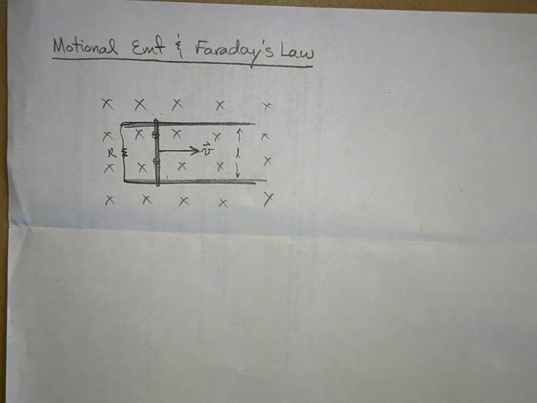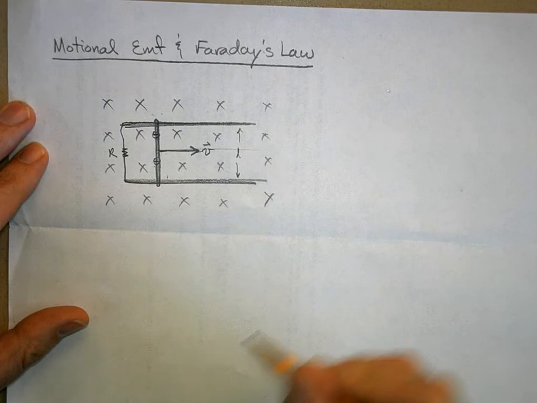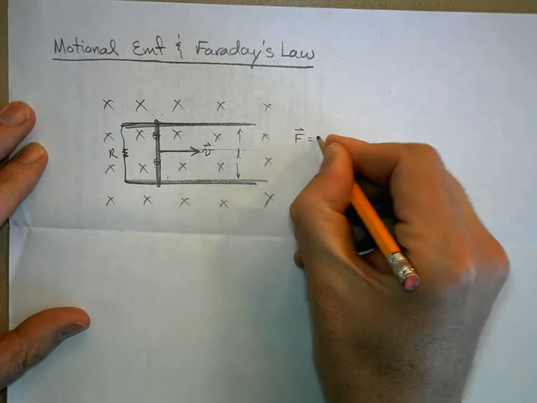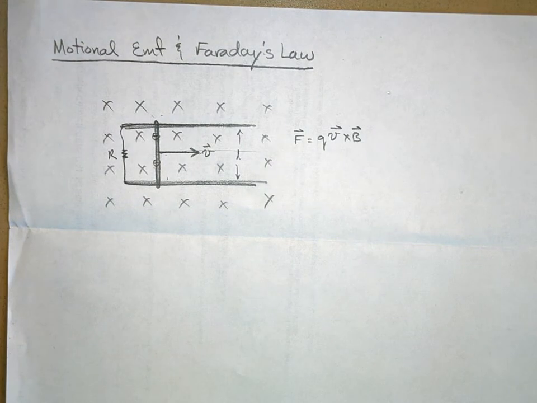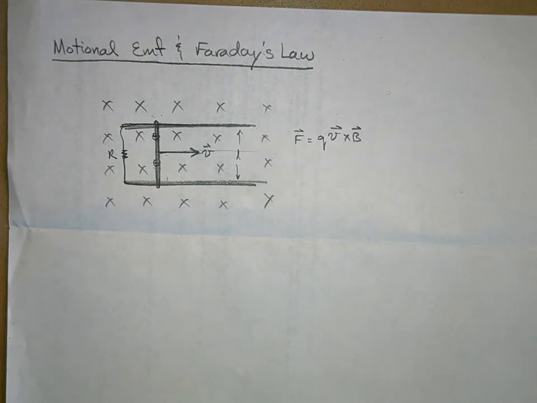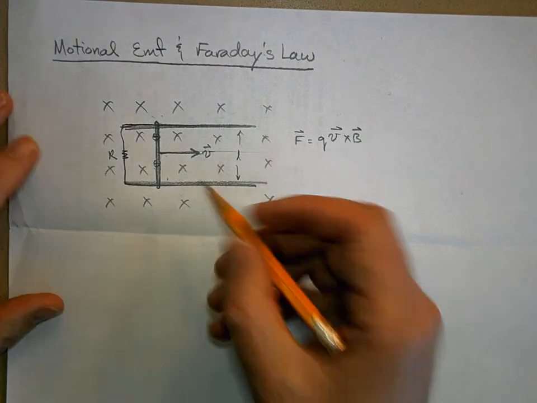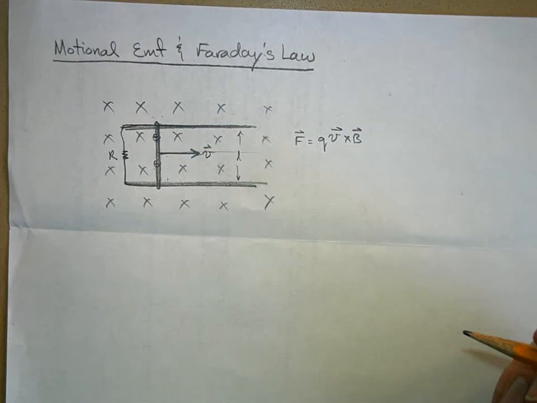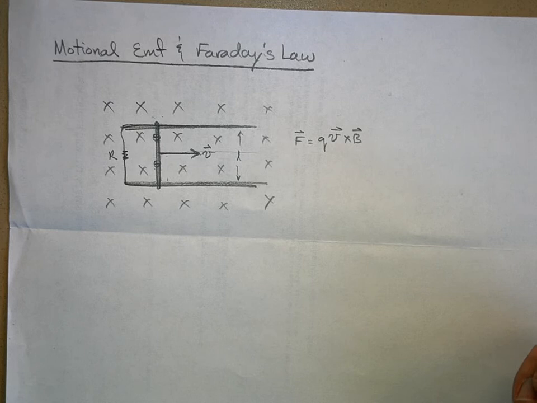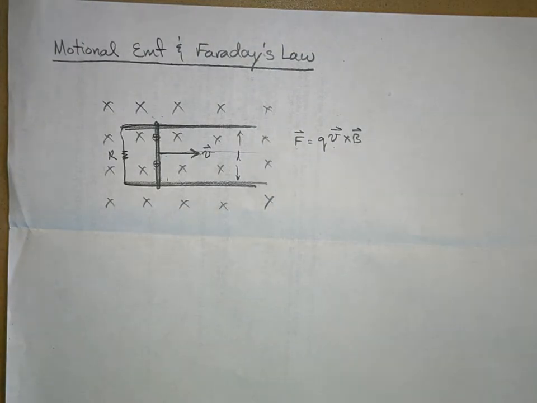If I move this thing to the right, I got F equals qv cross B. Okay, and now that's for each individual charge. Anyway, it's going to feel a force on it, and it's going to move up like that.